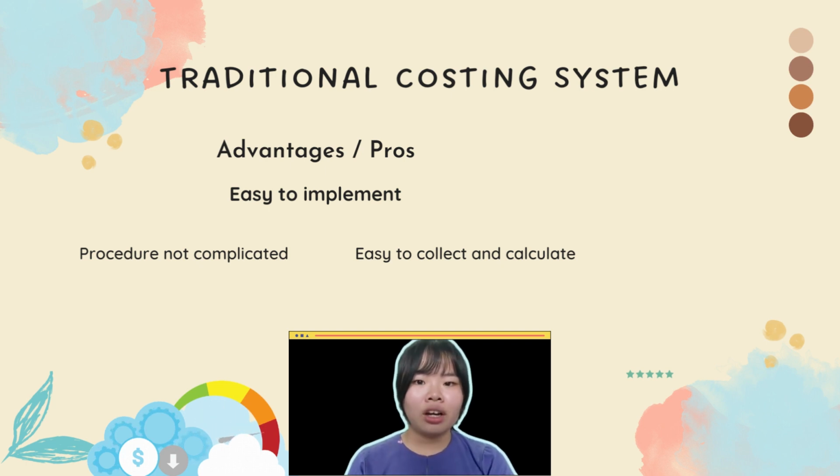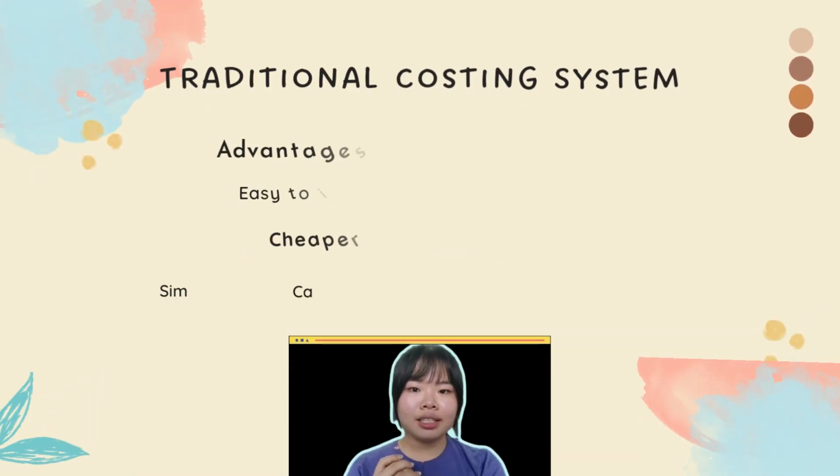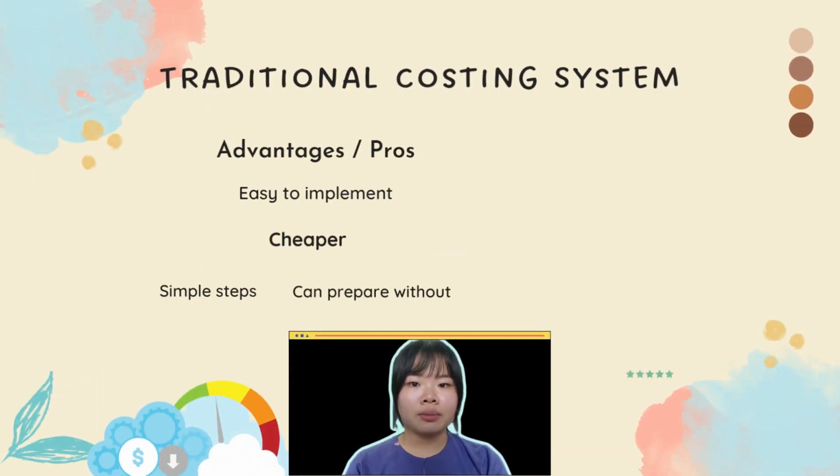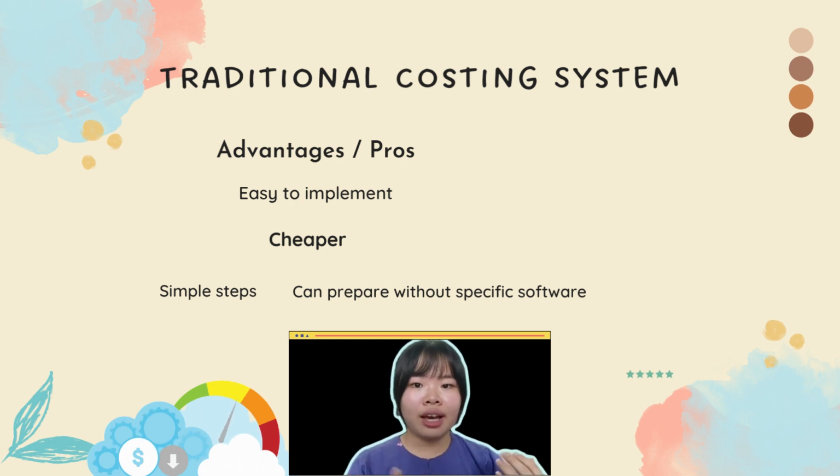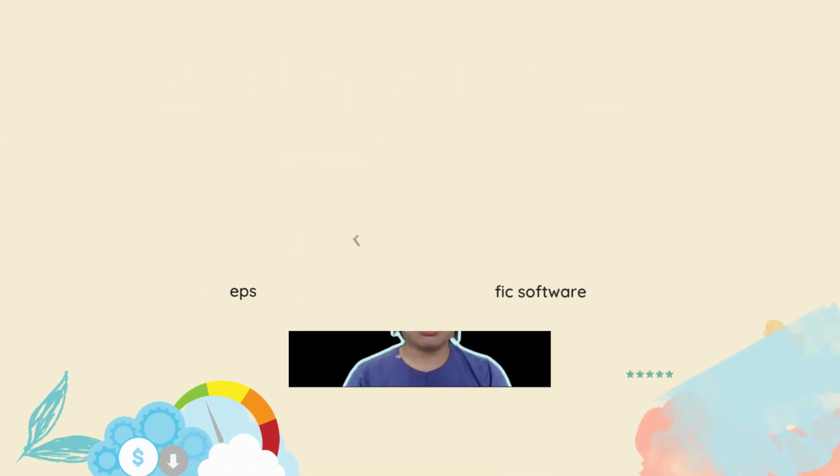This is because all the procedures of the traditional costing system are not complicated at all, like the calculation and data collection steps. Since this allocation system is easier to implement and understand, the company does not need to hire a specific team to do the allocation steps and the calculation. So the companies can save a lot.